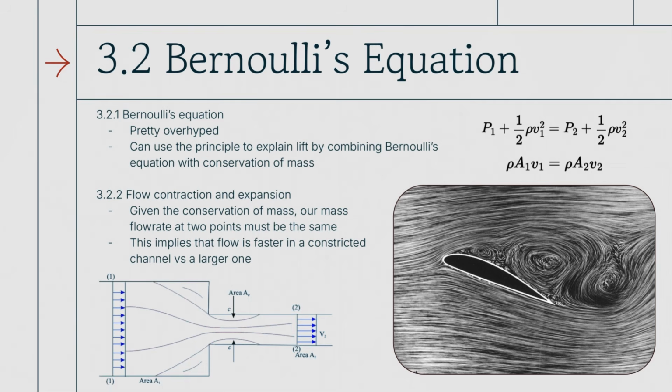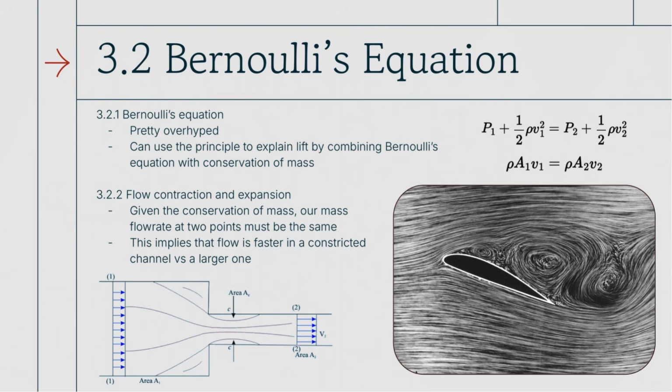The shape of this wing basically means that the top surface is longer than the bottom surface. And since the flow has to keep moving at the same speed all the time, then the flow on the top surface has to increase its velocity so that both particles meet at the tail at the same time.